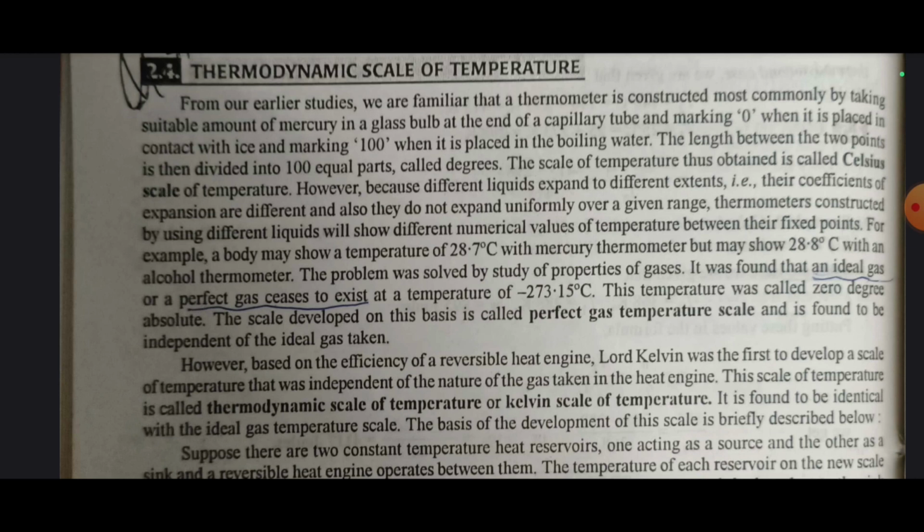For example, a body may show a temperature of 28.7 degrees Celsius with a mercury thermometer but may show 28.8 degrees Celsius with an alcohol thermometer. The problem was solved by the study of properties of gases. It was found that an ideal gas or a perfect gas ceases to exist at a temperature of minus 273.15 degrees Celsius. This temperature was called 0 degree absolute.